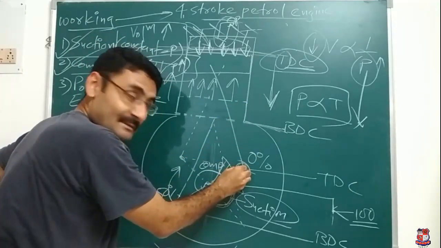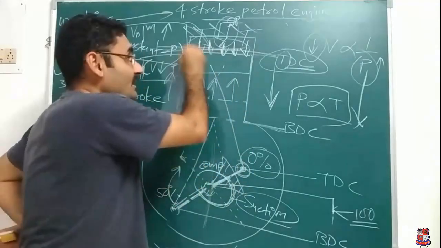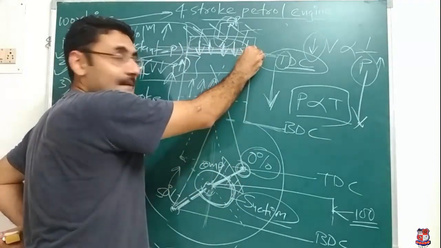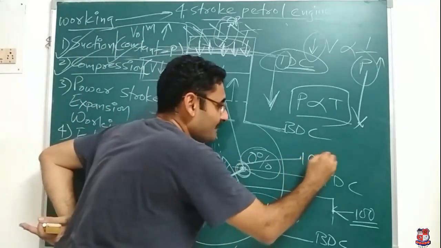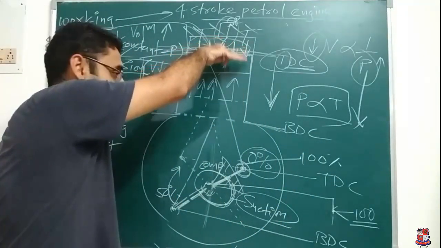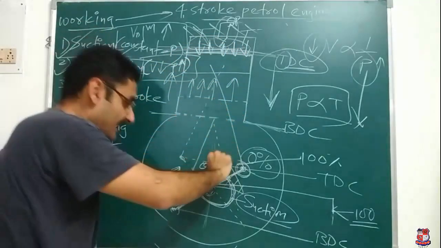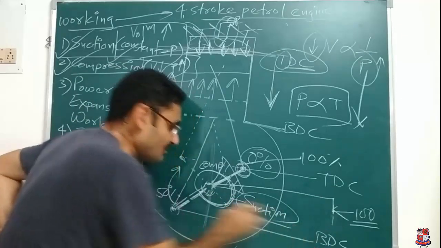When the crank is at TDC, 0% energy is present. But over here, the power stroke is produced, and once again 100% energy is produced. The piston travels from TDC to BDC, and the crank also travels from TDC to BDC.